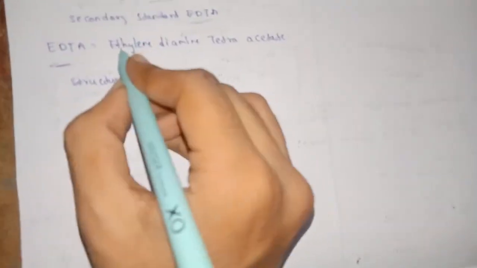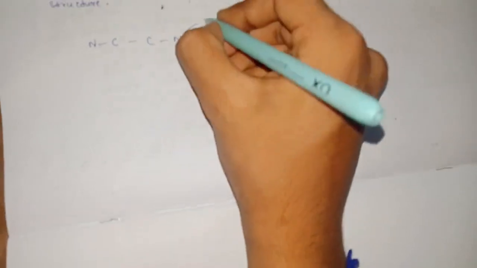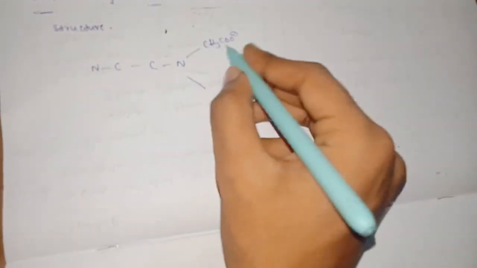The structure of EDTA comes from the IUPAC name: ethylene means 2 carbons, diamine means 1,2-diamine, and tetraacetate means this is the acetate ion.